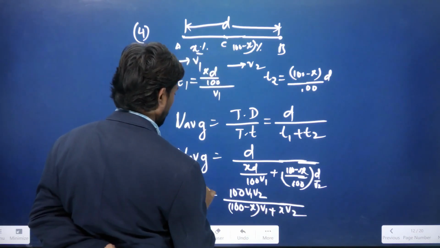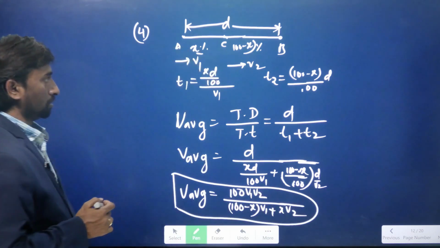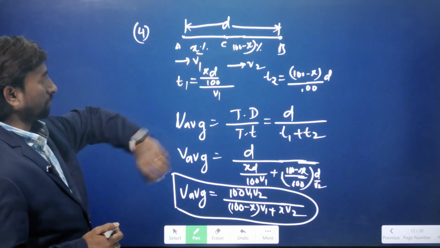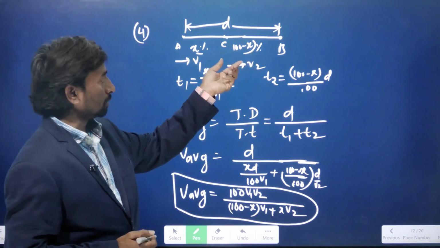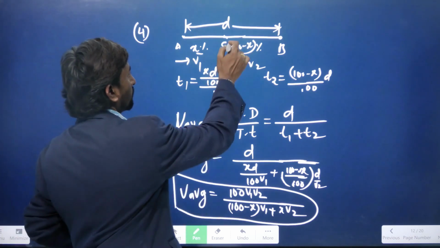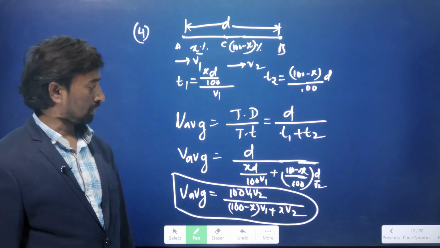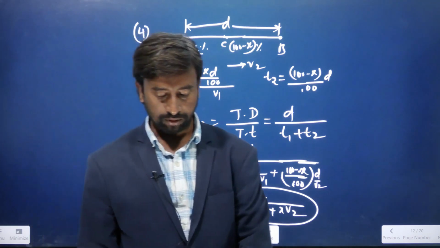So by using this formula we can find for any part of the distance traveled with a speed v1, and the remaining distance with a speed v2. Okay, so this is about the different cases in the average speed and average velocity.